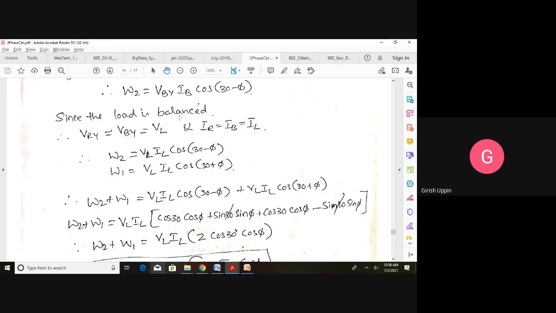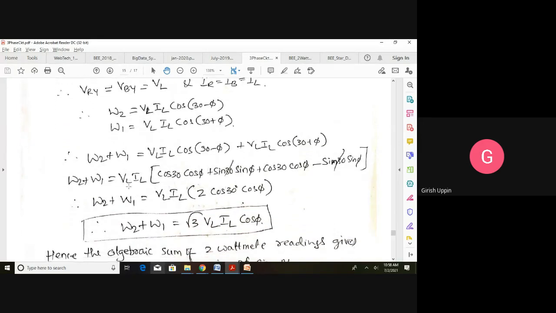It is a balanced load, so all these voltages are exactly equal. Similarly, IR is equal to IB is equal to I phase, which is IL, the line currents. Rewriting, W2 is equal to VL IL cos(30 minus 5) and W1 is equal to VL IL cos(30 plus 5). These are the two equations I get.